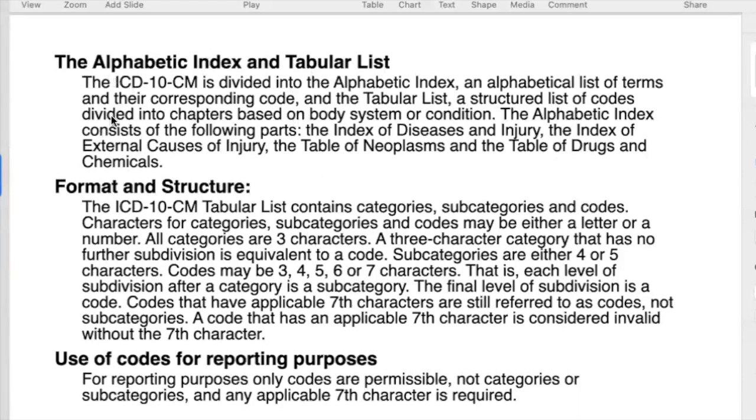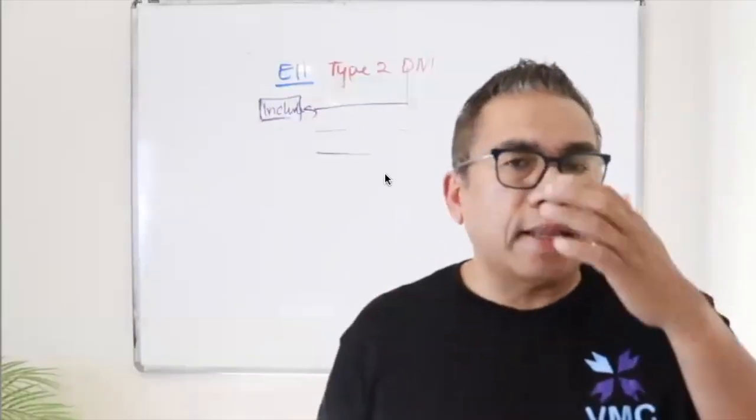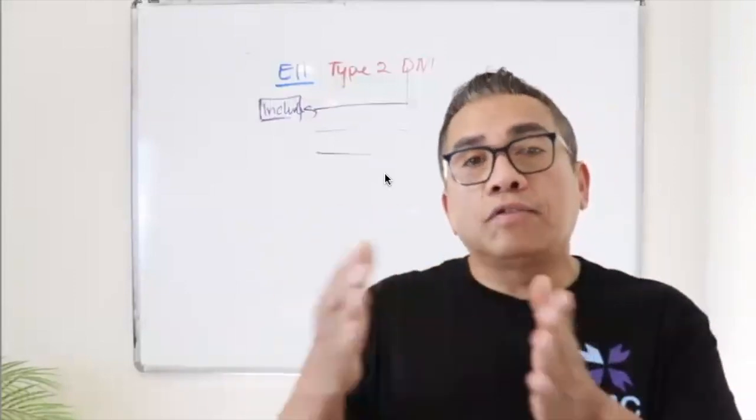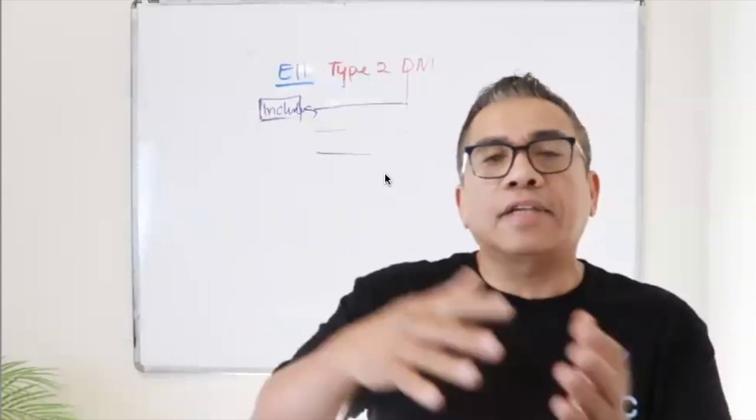Now, these instructions here, guys, we had when we started our meeting the first time, right? The first time, I explained to you guys what this book is comprised of. So this is basically an instruction or just information saying that the book that you guys are using right now is divided into these major sections like the alphabetic index and the tabular.